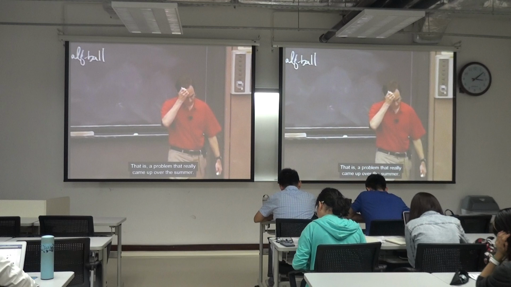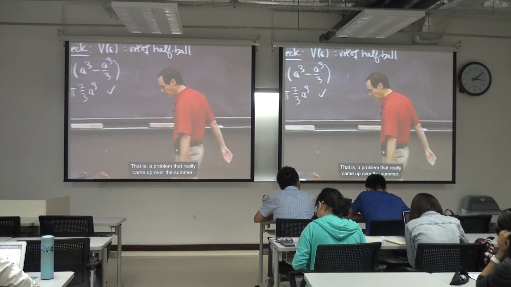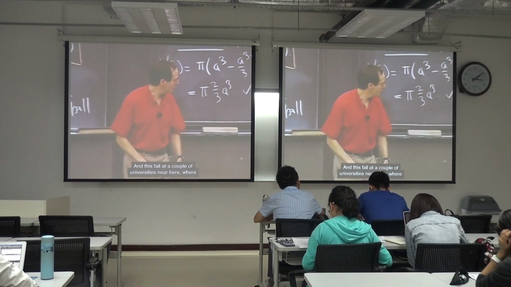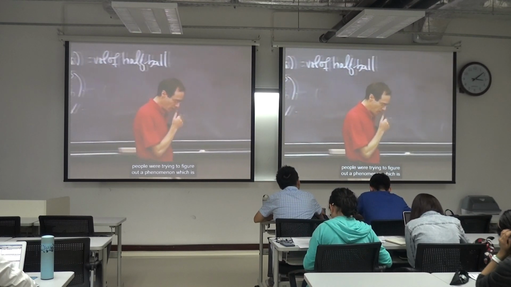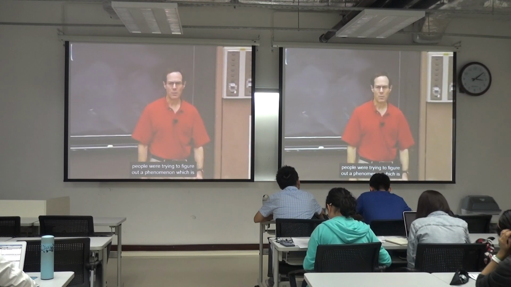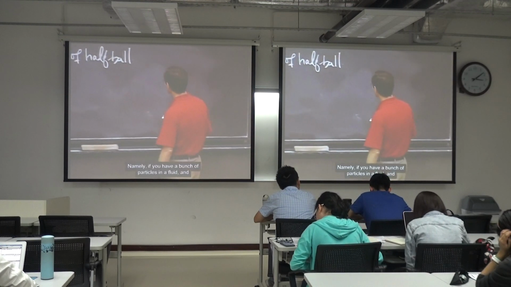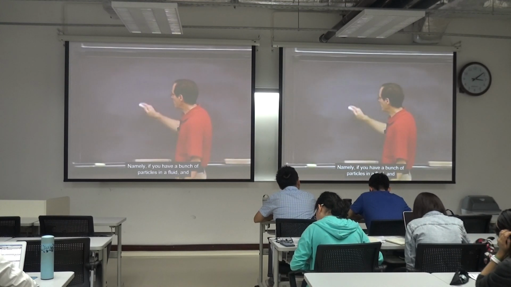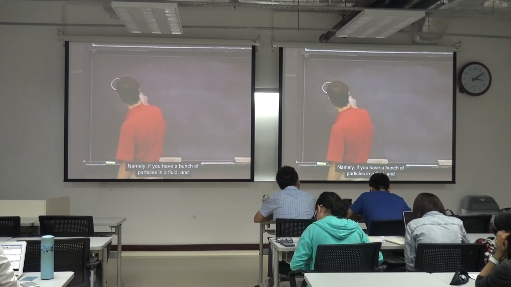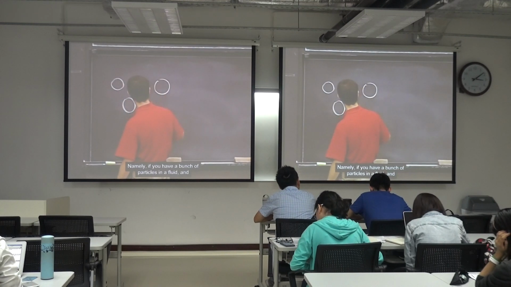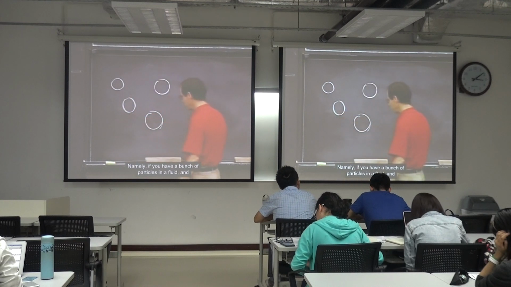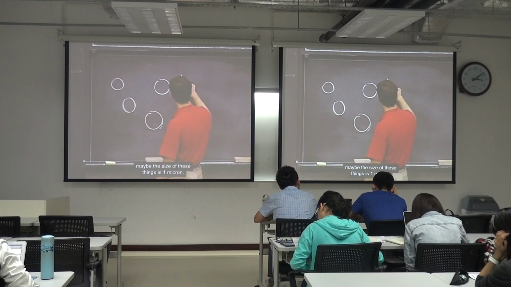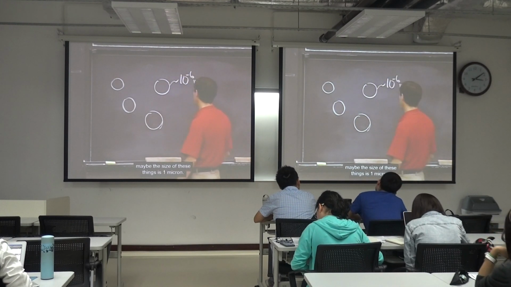That is a problem that really came up over the summer and this fall at a couple of universities near here, where people were trying to figure out a phenomenon which is well known, namely, if you have a bunch of particles in a fluid, and maybe the size of these things is 1 micron.